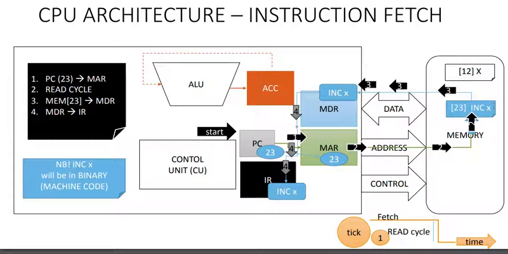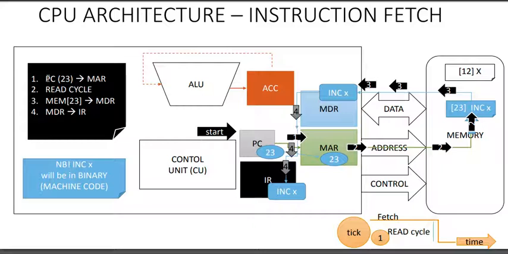It's just a binary string representing the incx instruction, and that binary instruction, or machine code, will be pulled in from RAM through the data bus into the MDR, the memory data register, and that in turn will then be gated into the instruction register, where that binary value will now sit and wait to be decoded.